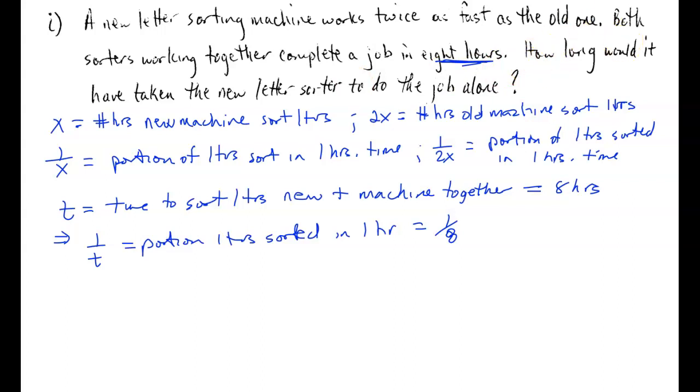So my point here is this. Normally, if this was, let's say, 1 hour, then our equation here would be just 1 over x plus 1 over 2x, and that would equal 1. But because of the fact that it's actually 8 hours, all of these are going to increase by a factor of 8.